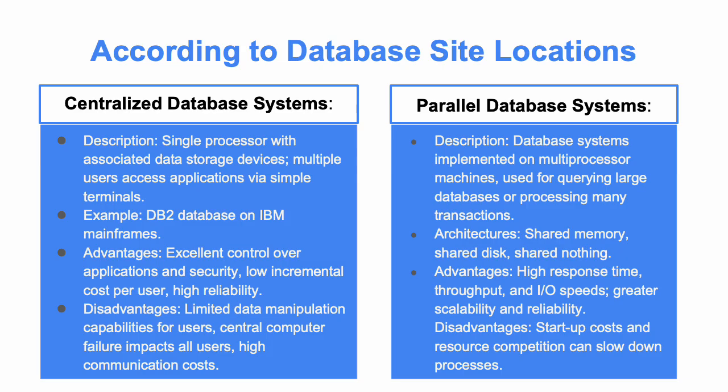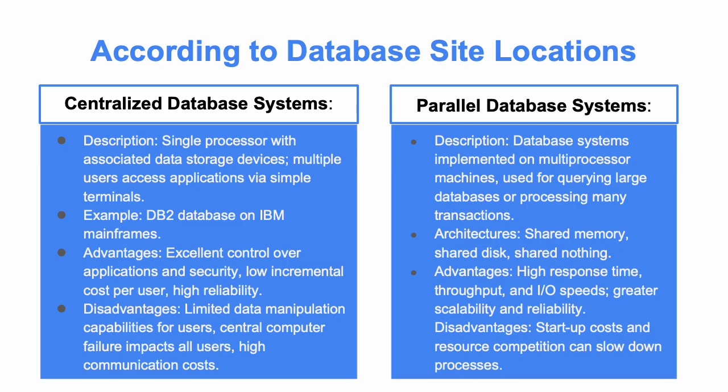Parallel database systems are ideal for applications that need to query very large databases or process a very high number of transactions per second. There are three main types of parallel database architecture: shared memory architecture, shared disk architecture, and shared nothing architecture.